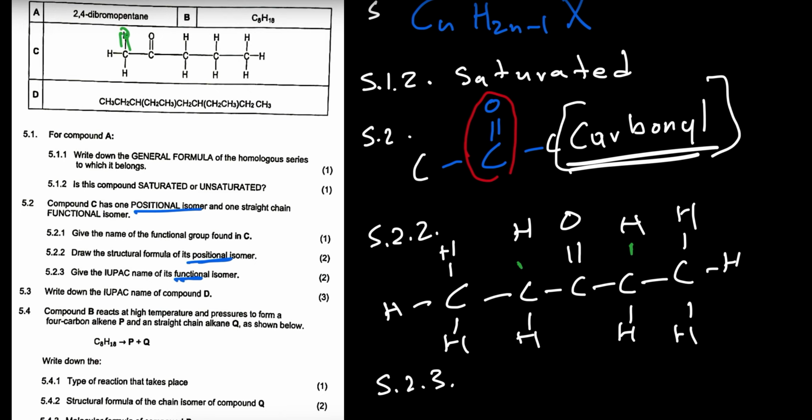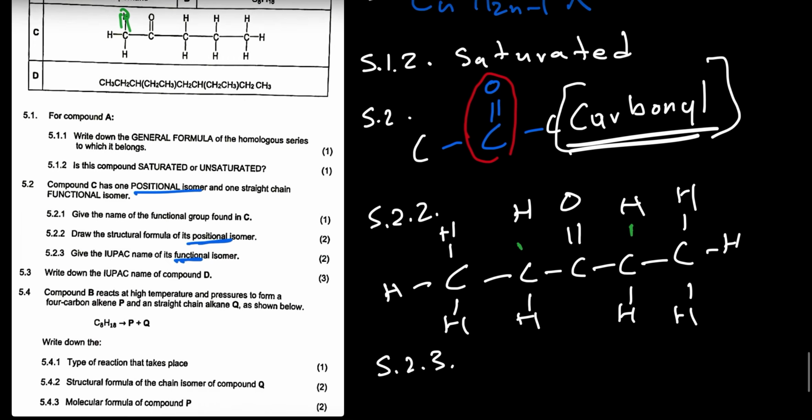For an aldehyde, we just count the number of carbons. That is going to be 5. 5 means pent. And then if it is an aldehyde, that is going to be pentanal. So the name of the functional isomer should be pentanal. Okay, so that is how we answer that.